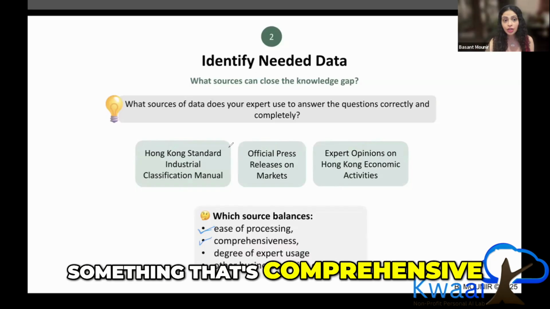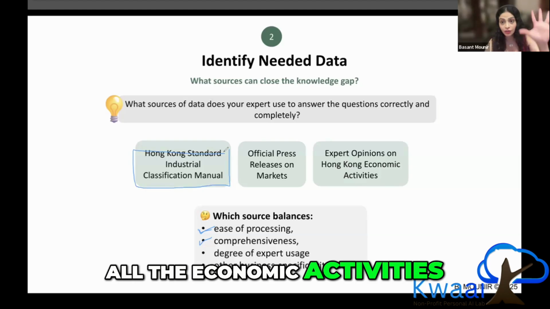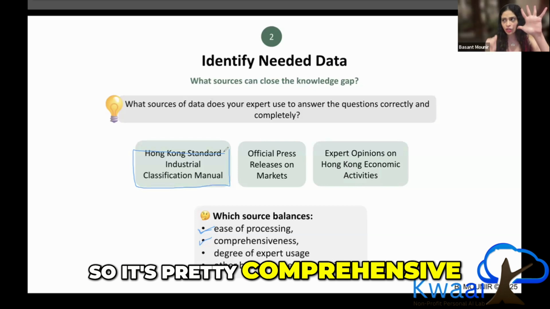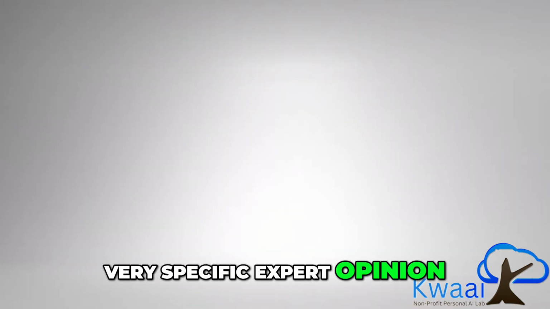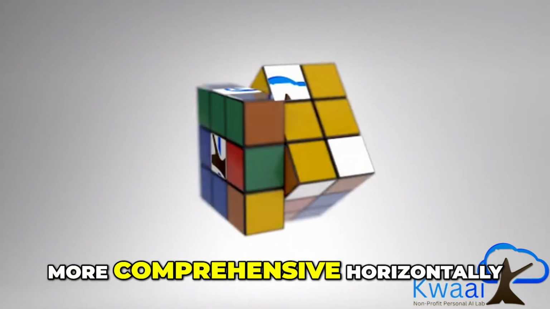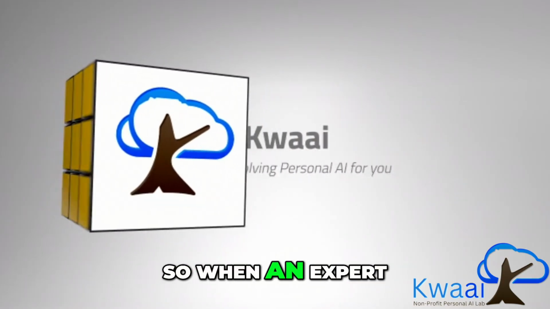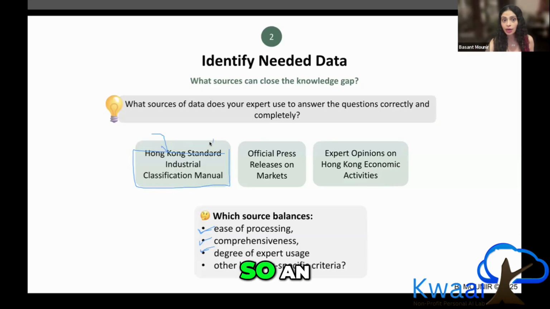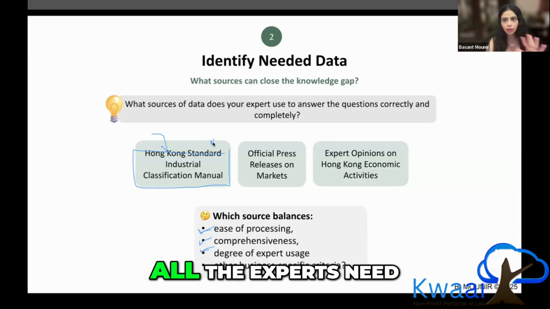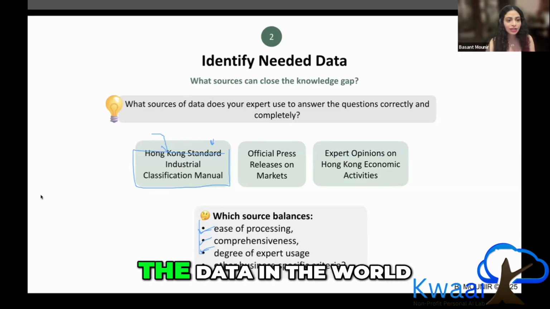Something comprehensive: for example, the classification manual covers all the economic activities of the country, as opposed to one blog post describing a very specific expert opinion. This one is broader, more comprehensive horizontally. And of course, the degree of reliance: when an expert answers these questions, how much do they rely on this source? A manual is something basic that all the experts need to understand, right? So these are some criteria to pick your data sources because, of course, we don't have time to explore all of the data in the world.